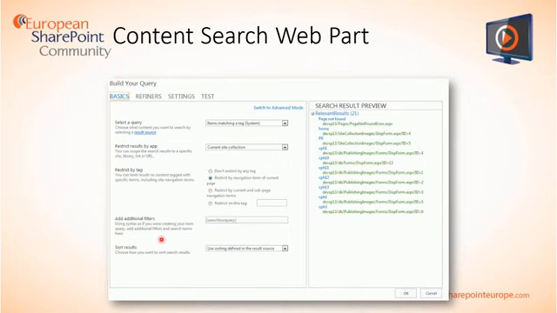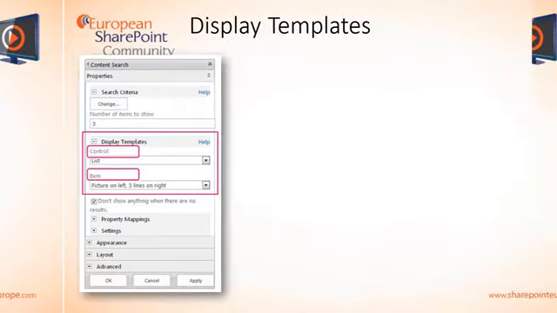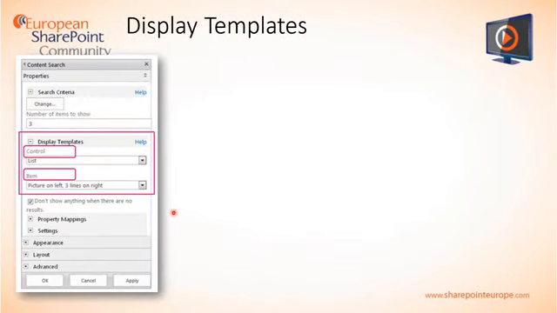Okay. So, how does the content search report display its content? First thing, it displays the content through what's called a display template. So, the display template is a new way of branding your content that's surfaced on the intranet.